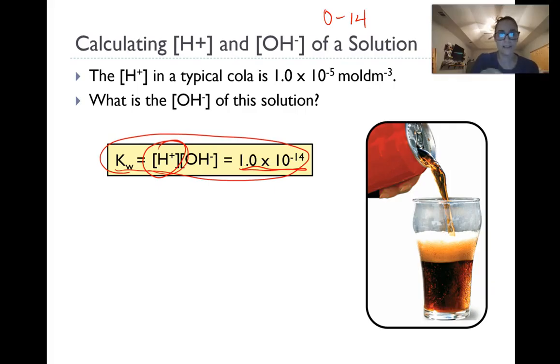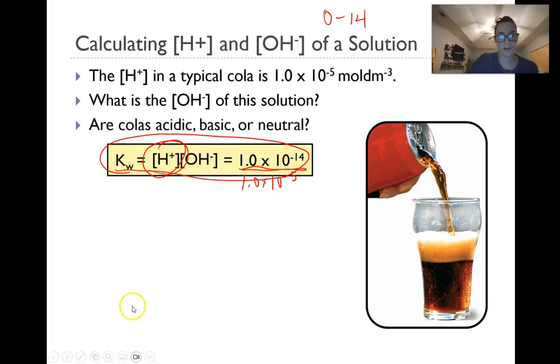All you have to do is divide 1 times 10 to the negative 14th by our hydrogen concentration, which is 1 times 10 to the negative 5th, and that will give you your hydroxide concentration. So that is going to be 1.0 times 10 to the negative 9 molar. Okay, so this is our hydroxide ion concentration.